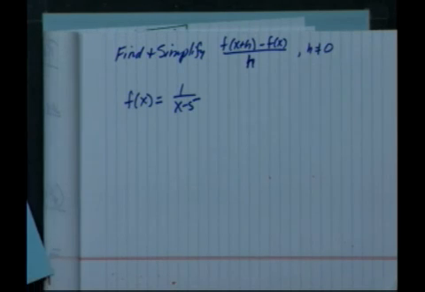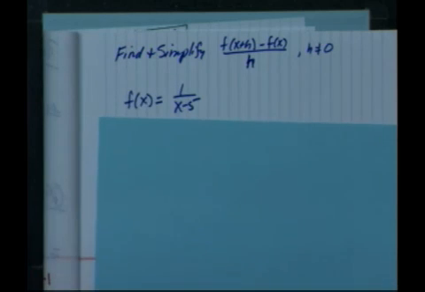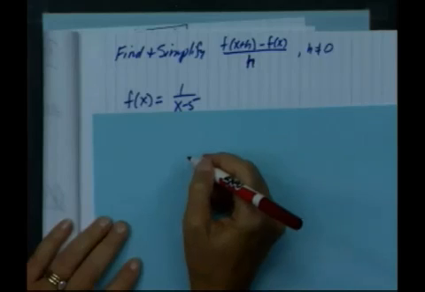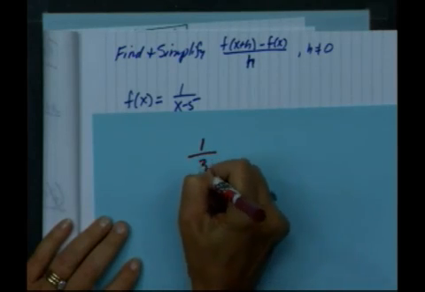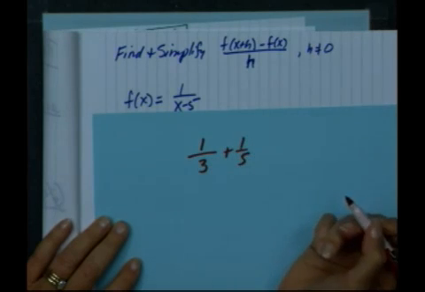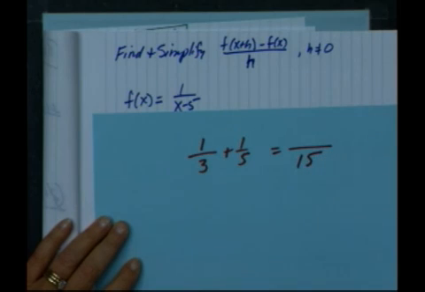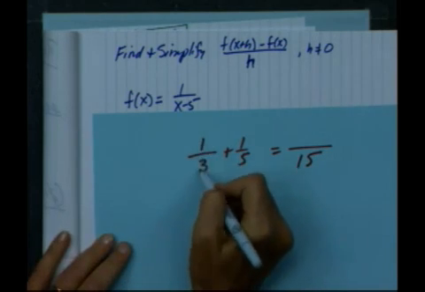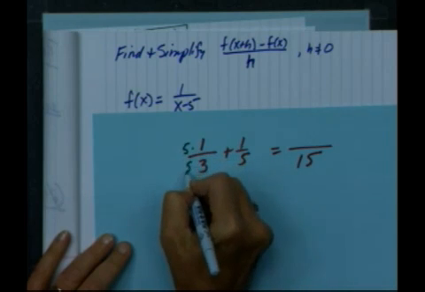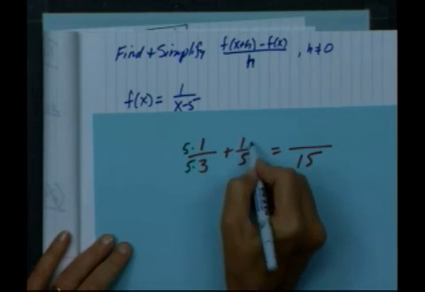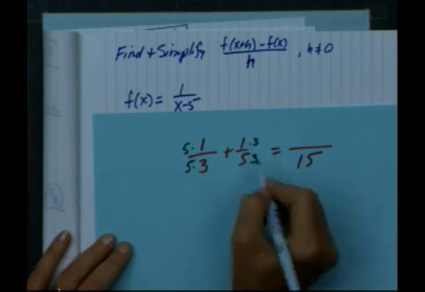Before we even do this problem, the concern here is how to add fractions. So let's go back to the good old days of when you used to add fractions. If you added a third plus a fifth, what was your common denominator? 15. So you had to multiply the 1/3 by 5 over 5 and the 1/5 by 3 over 3, correct?